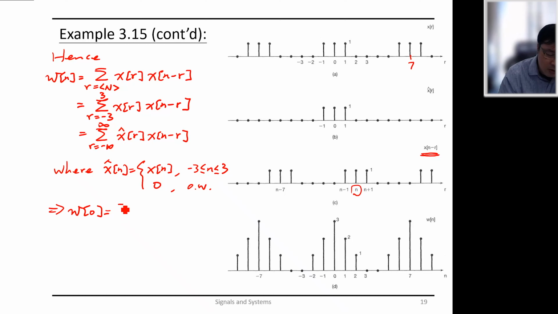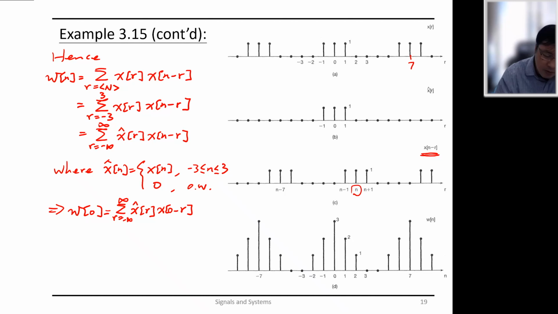W0 is the summation of X hat of R times X of N minus R, with R from minus infinity to infinity. Here N is 0.